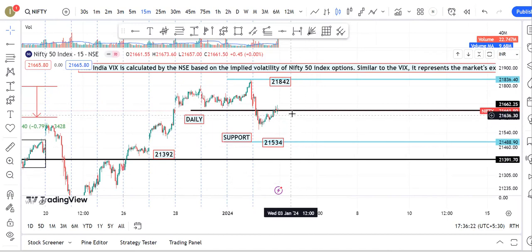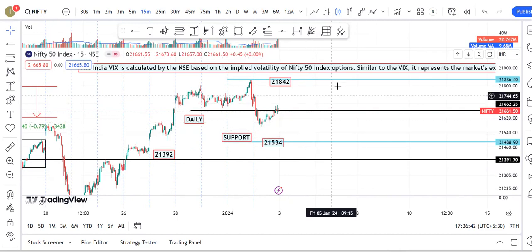So we are expecting 172 points deviation on the downside from the closing price and 172 points on the upside. So I'm marking the range, not support or resistance.